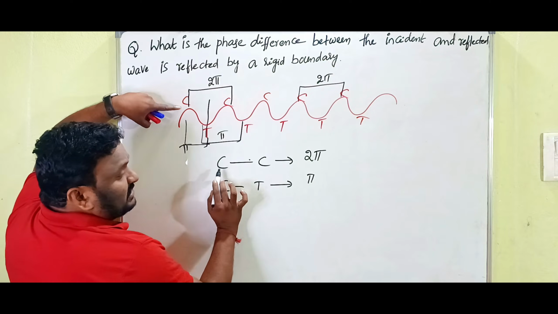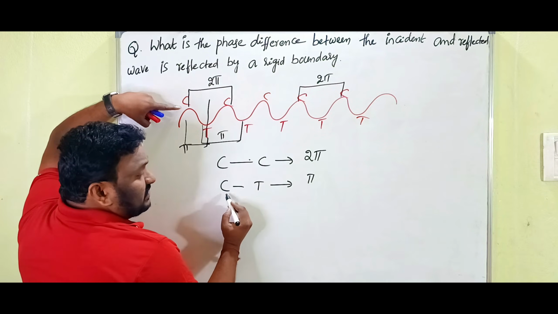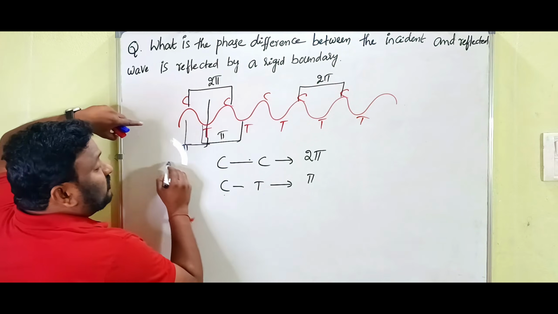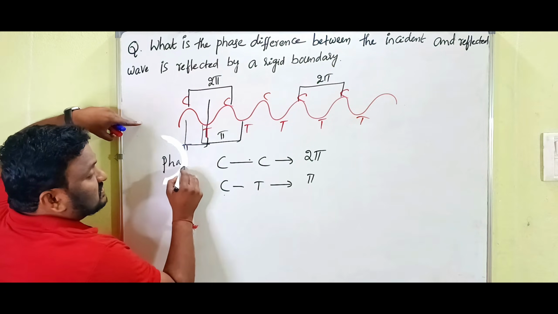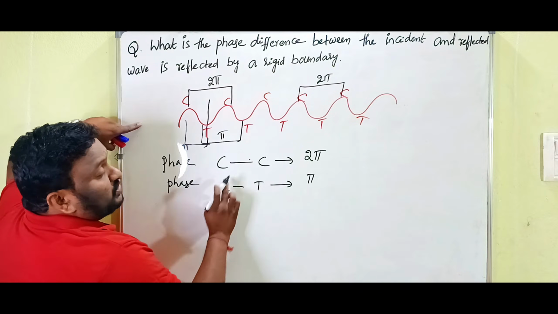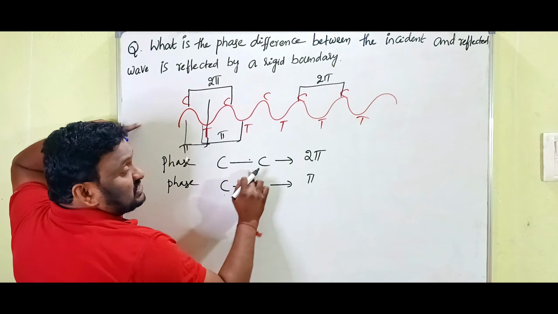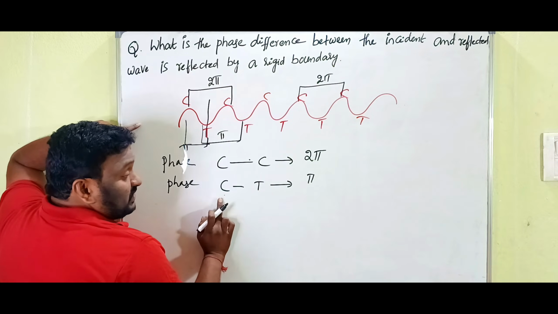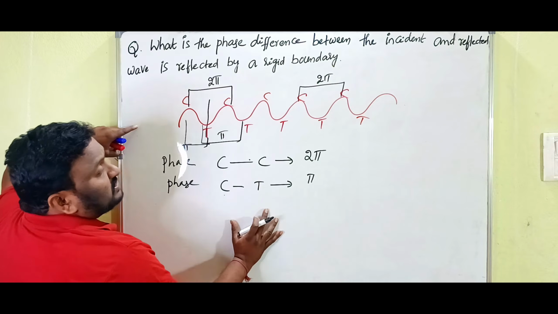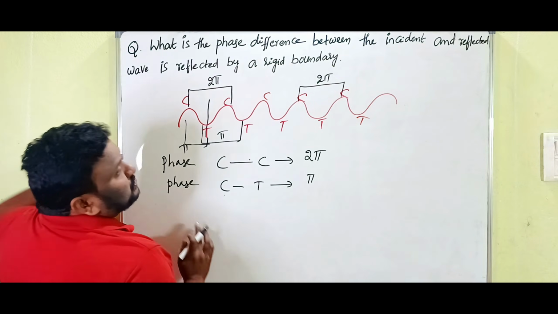That's why crest to crest is 2 pi radians and crest to trough is pi. The phase difference between two consecutive crests is 2 pi radians and between a consecutive crest and trough is pi radians. So if you have an idea about this, you can easily get the answer for that question.